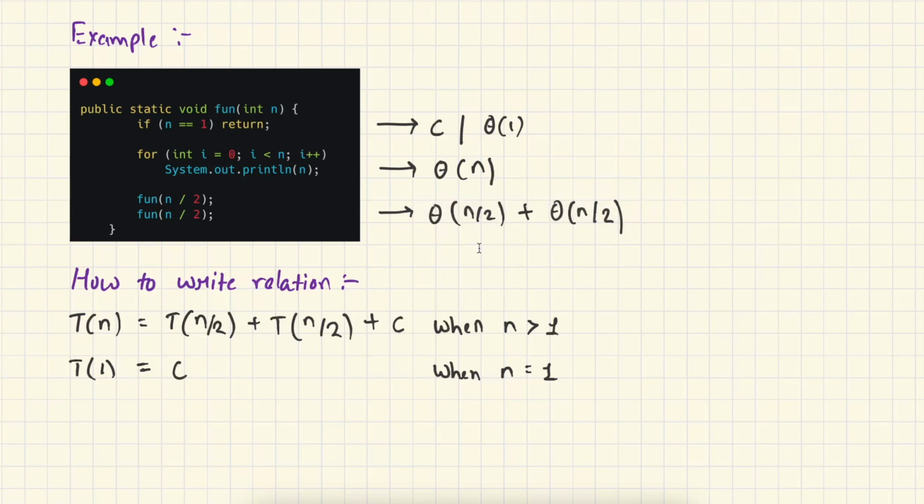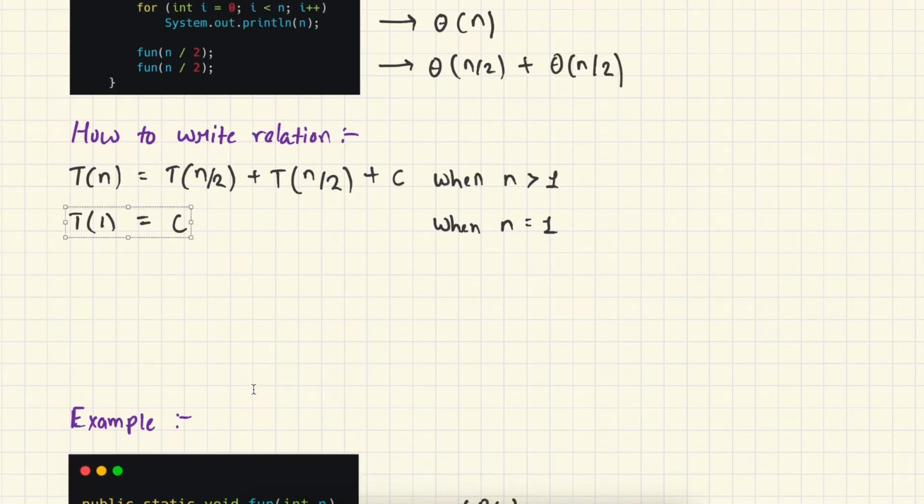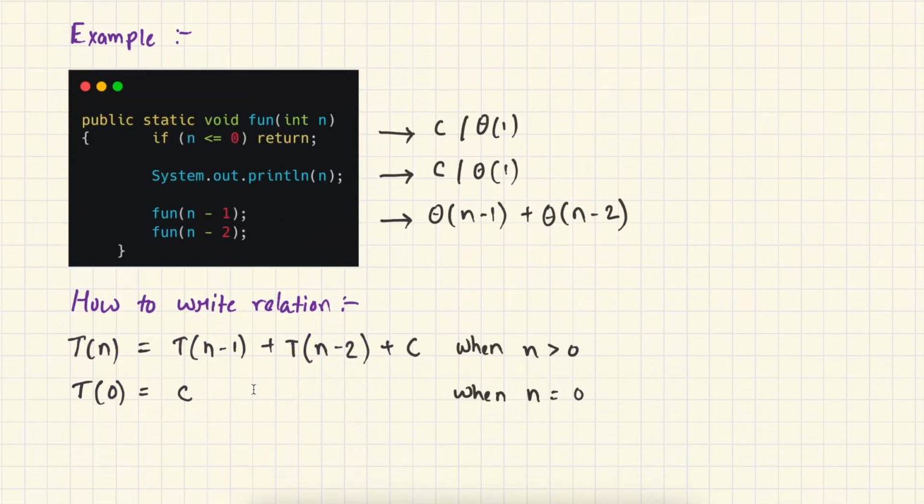So let's write the recurrence relation of this function. It's going to be the time taken by our function when input is n, which is equal to the time taken by the recursive function with input n by 2, plus the time taken by the recursive function with input n by 2, plus the linear term. And this is when n is greater than 1. And when n is equal to 1, the time taken by this function is going to be constant. Okay, so far so clear. Let's see the next example.